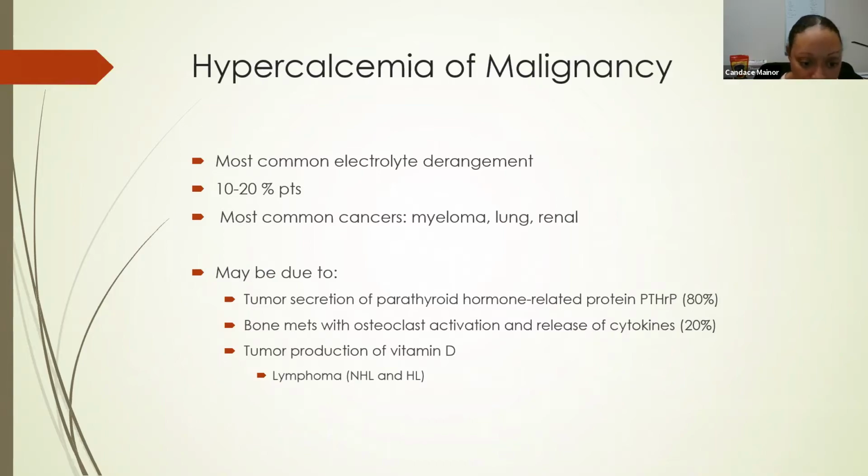One, the tumor secretion of parathyroid hormone related protein, which about 80% of cases could be the result of bone mets with osteoclast activation and release of cytokines, or a result of tumor production of vitamin D. This mainly happens in lymphomas.